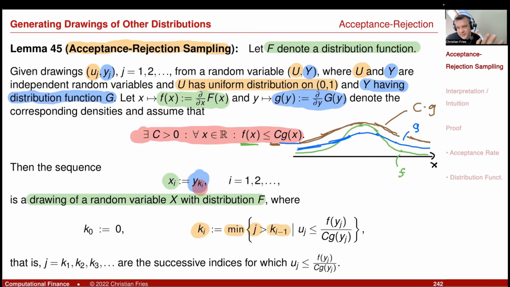So for i equals 1, k0 is 0, it's just the first index that is larger than 0. But after that, for say k2, it's the index that is larger than k1. So this condition is just that you look at the next index in line.